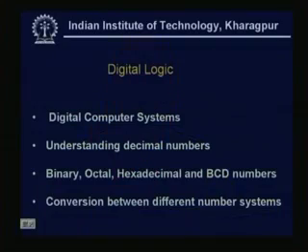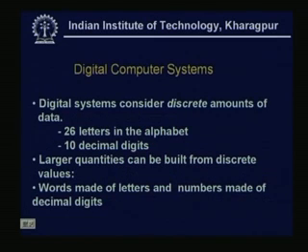First, again the digital computer systems consider discrete amounts of data, say the 26 letters in the alphabet as an example, or our 10 decimal digits 0 to 9. Then larger quantities can be built from discrete values, like words, say computer: C is a letter, O is a letter, M is a letter.